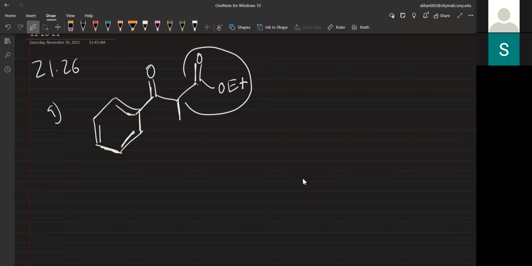Let's say I label these 1, 2, and 3. The bond between which carbons is the one that was formed in a Claisen condensation?